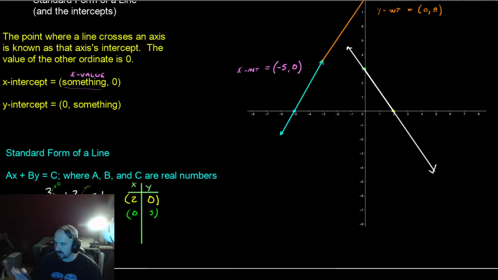That's really it. The standard form of a line is ax plus by equals c. So our 3x plus 2y equals 6. And a, b, and c are all real numbers. This is only the real coordinate system, so we're not talking about complex graphs here.